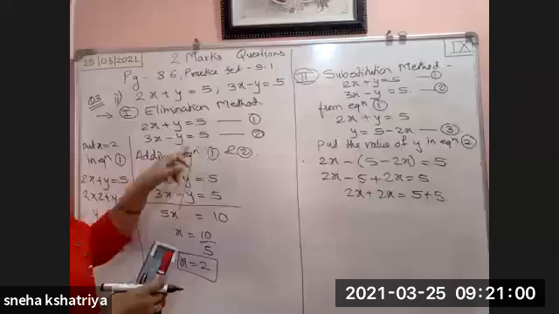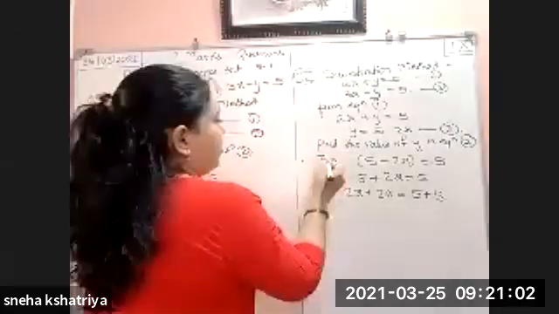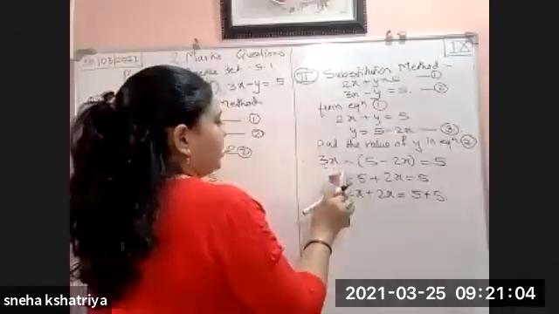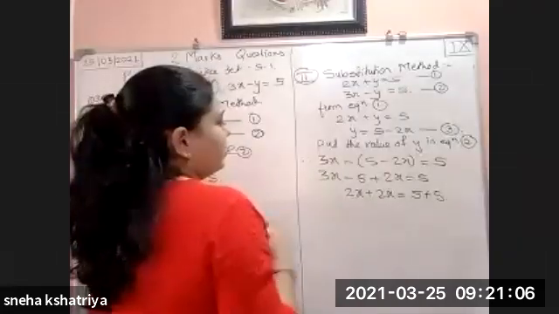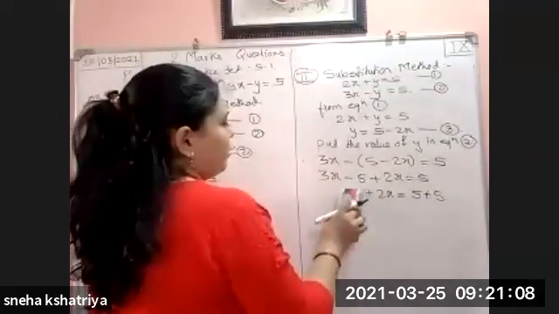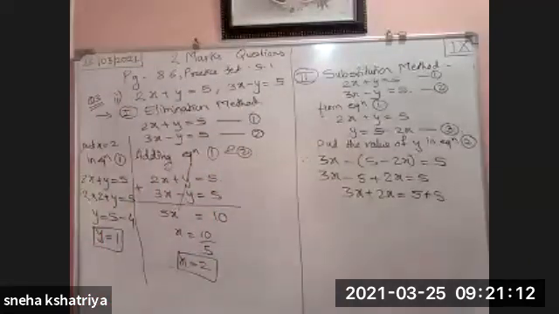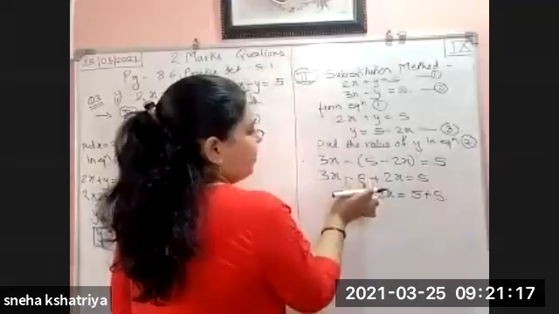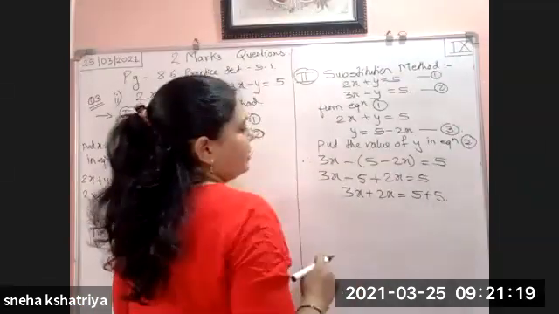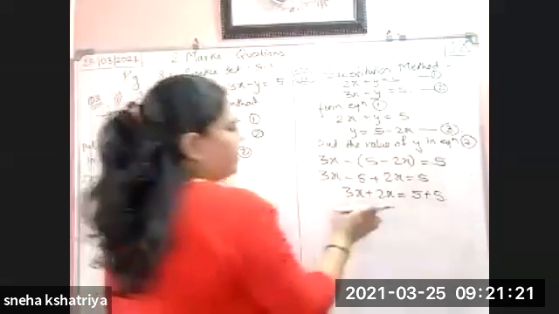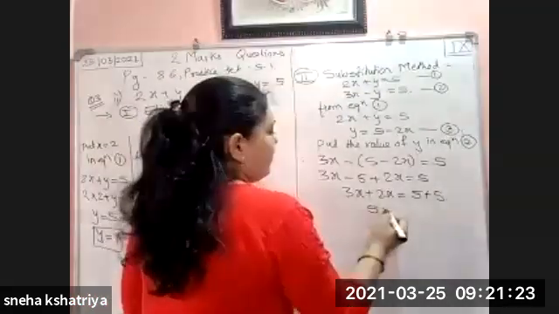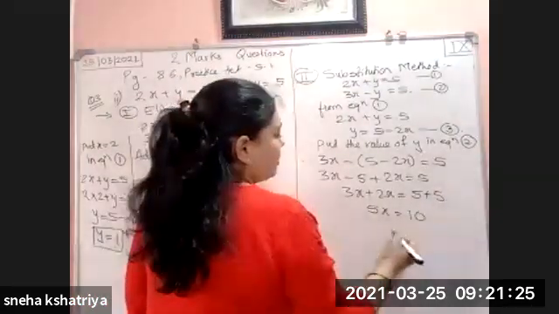So this equation here will become, extremely sorry for this. Just make these changes that here it is 3. Okay, 3x plus 2x is equal to 5 plus 5. This minus 5 shifts to the right hand side, this becomes plus 5. So 3x plus 2x will become 5x, which is equal to 5 plus 5 is 10.